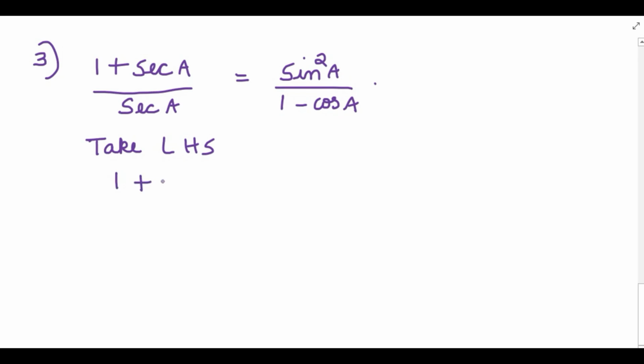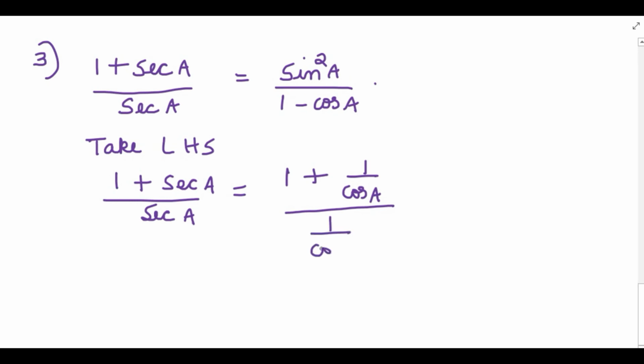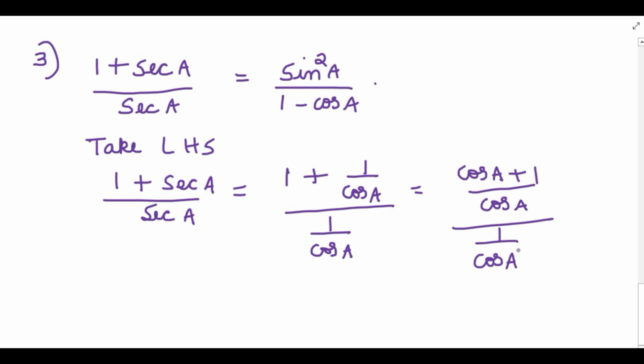So we have the left side like this, 1 plus sec A divided by sec A. We know sec is the reciprocal ratio of cos. So I can write 1 plus 1 by cos A divided by 1 by cos A. So which is equal to cos A plus 1 by cos A and divided by 1 by cos A. So this cos A and cos A will get cancelled.